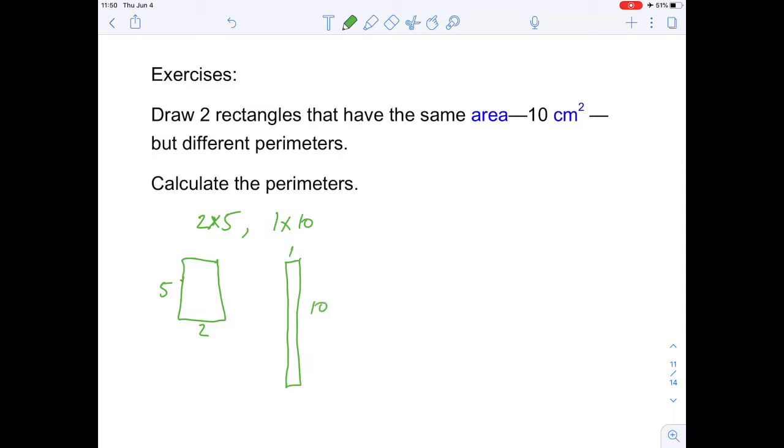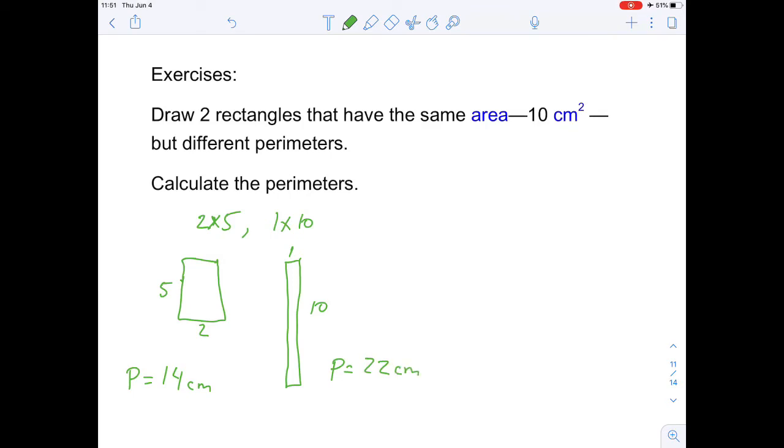What are the perimeters? Well, this one will be 5 plus 2 is 7, double that is 14 centimeters. And here we would have 1 plus 10 plus 1 plus 10, so that would be 22 centimeters.